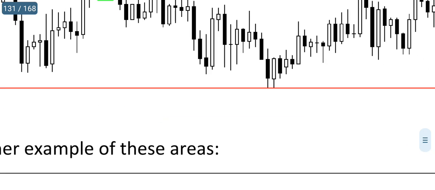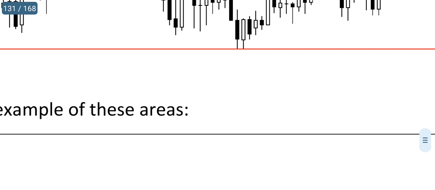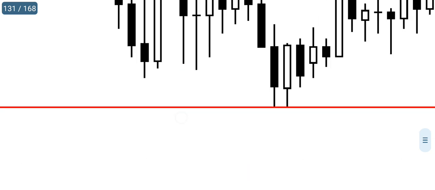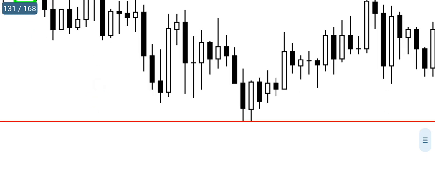Here we are seeing our red horizontal line. So we call this a demand area. As we are seeing, the market was trending downwards, meaning the sellers were in control of the market. But at a certain level, sellers couldn't sell the market past the price at which the buyers are buying the market.